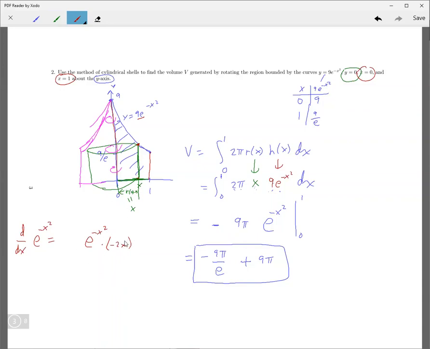So now when I take the derivative of this, I'll get this x, and I'll get this too. And I'll get a negative, but this is supposed to be positive, so what I did was I put that negative there, so that when I take the derivative of this, I'll get exactly this. That's the idea.